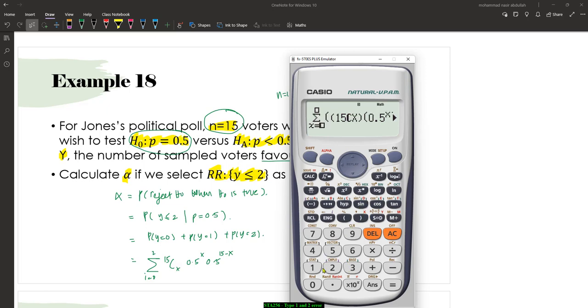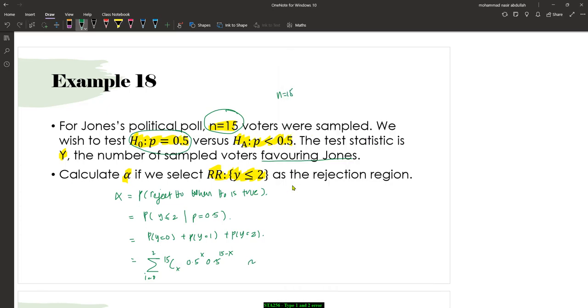So this one starting from 0 to 2. So you should get 0.000369. So basically approximately 0.004. Right?